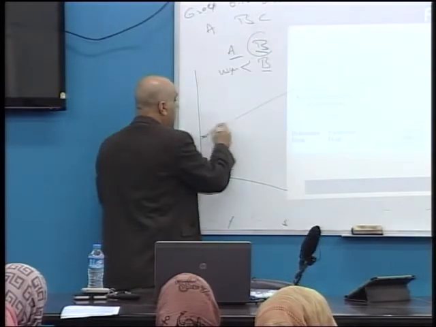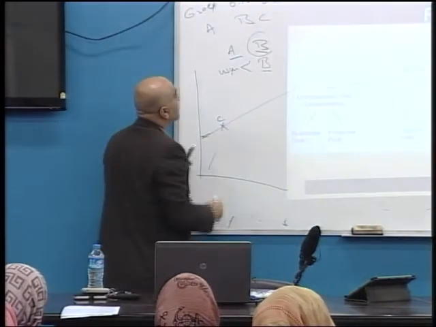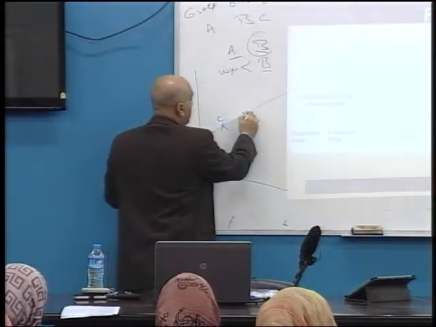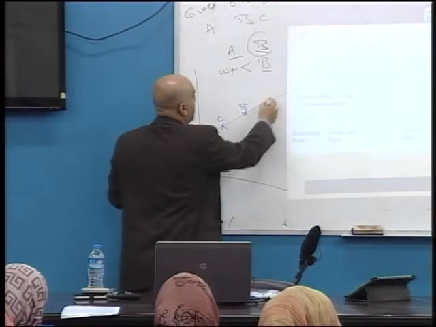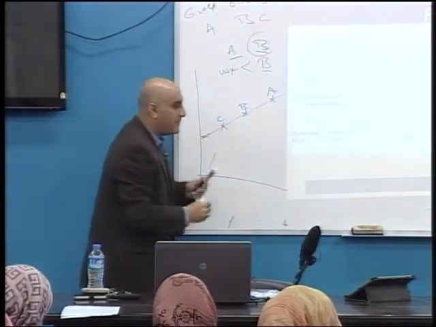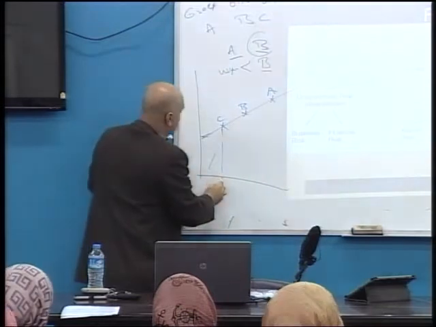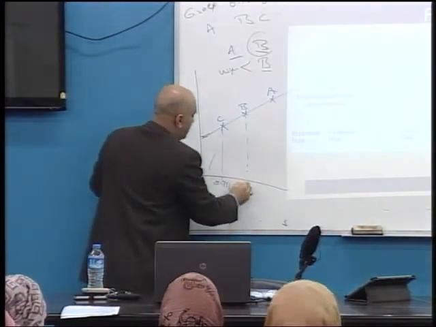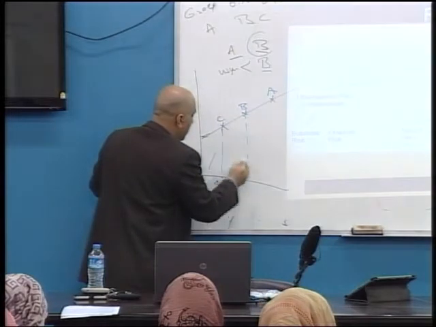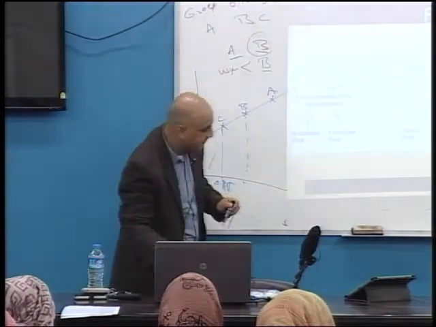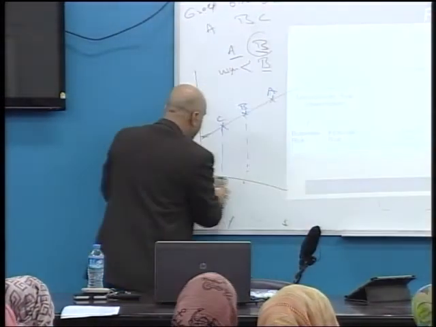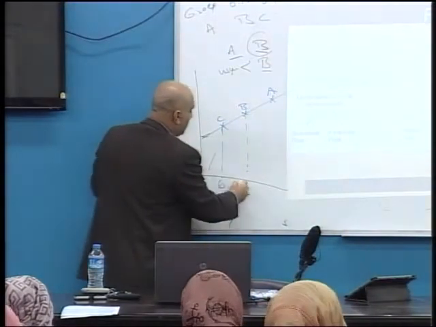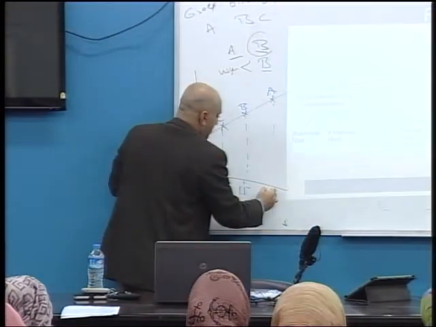So C should be here, then B, then A. Why? Because the sigma here is 0.10, then 0.15, and 0.24.